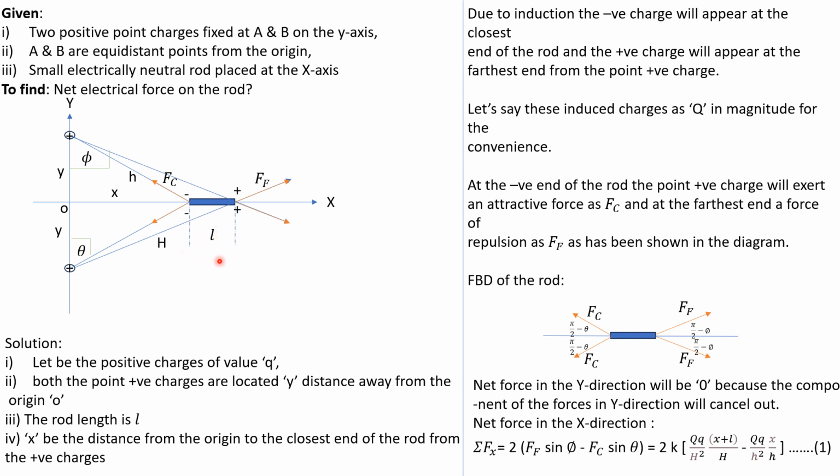On the x-axis, we have considered that this rod has been kept x distance away from the origin. The nearest end is x distance away from the origin.